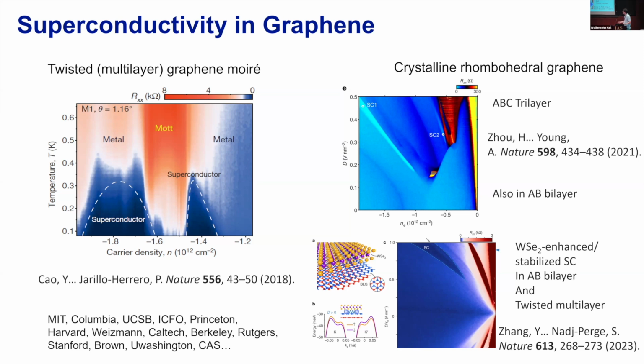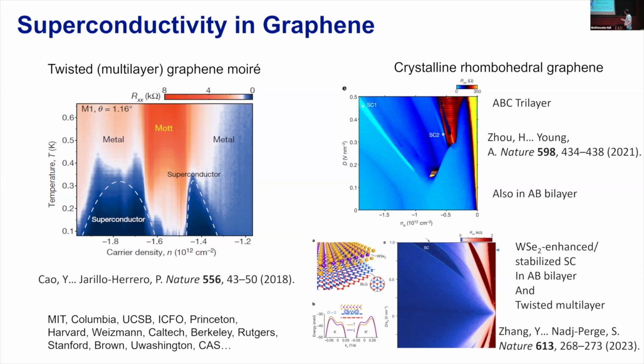And that's why people were very interested in studying this magic angle bilayer graphene as a platform to understand the superconductivity in other condensed matter systems. And later it was shown by Andrea Young that even in the absence of twist angle or moiré, you just have a trilayer graphene in the ABC or rhombohedral stacking order.